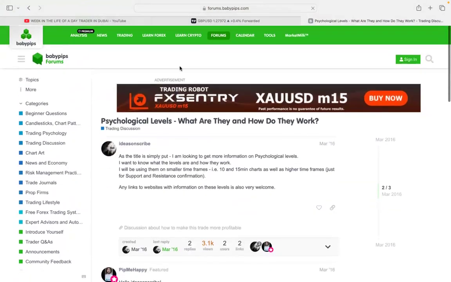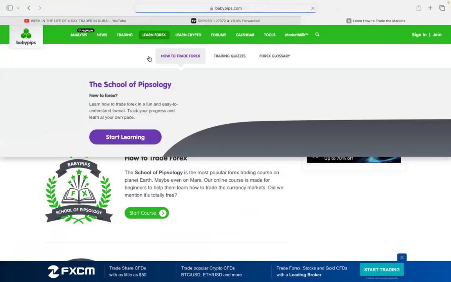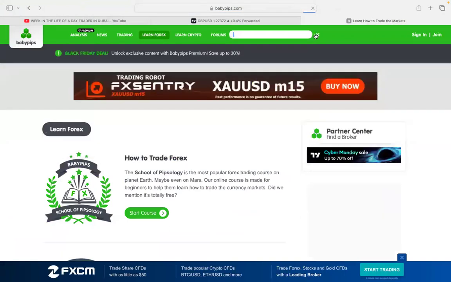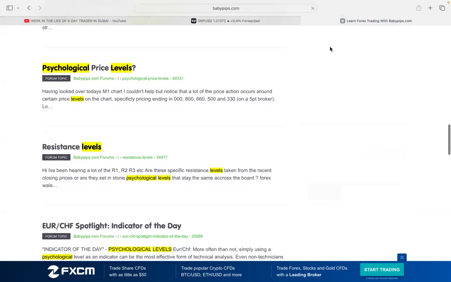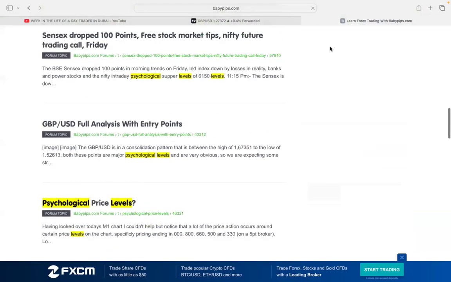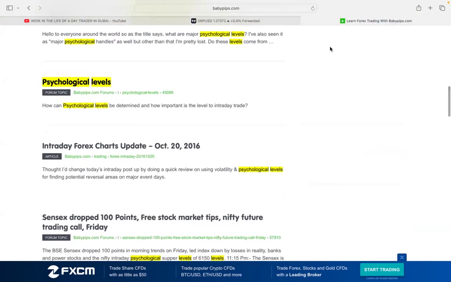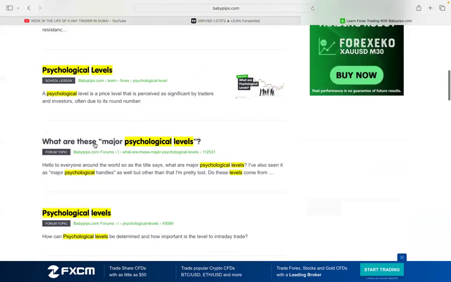I don't think so. Let me look for a more defined meaning. I just want to use clear definitions. As you can see, you can find more information on Babypips. If there are some meanings you don't understand, go and do your own research. Do your own research on what these levels are.